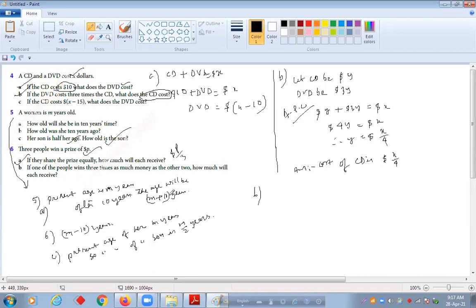Okay. If one of the people wins 3 times as much money as the other 2, how much will each receive? That means let one receive 3 times as much as the other two friends.